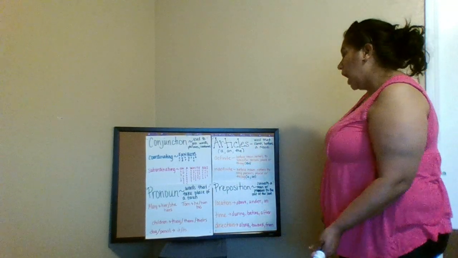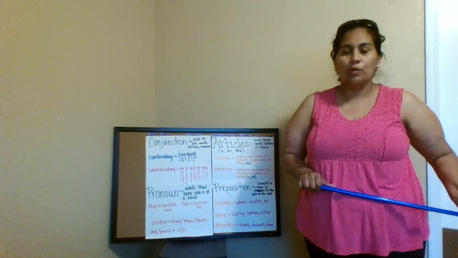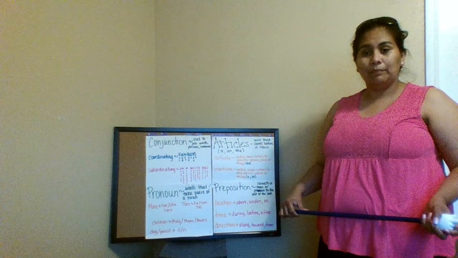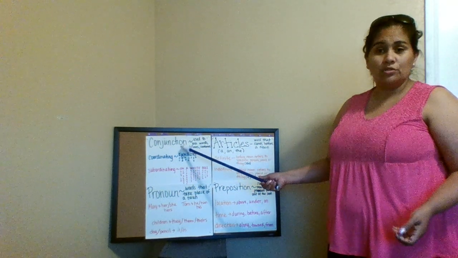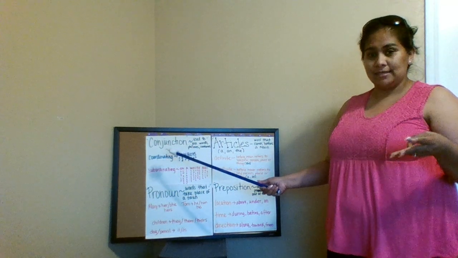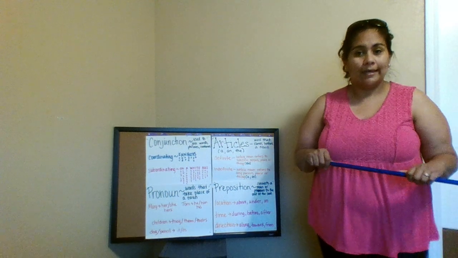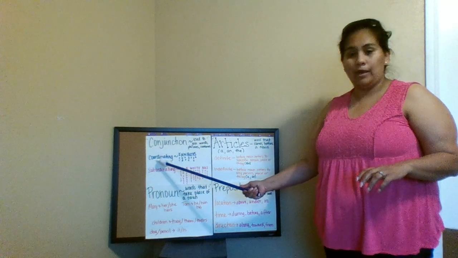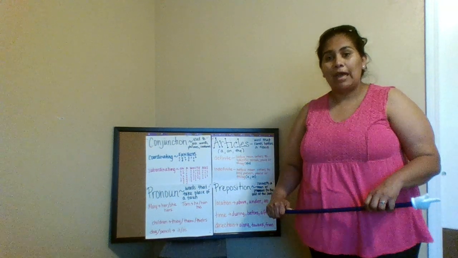Now we have conjunctions. We talked about conjunctions when we were talking about compound and complex sentences. Conjunctions are words that are used to join words, phrases, and sentences. Coordinating conjunctions are those that make up fanboys.